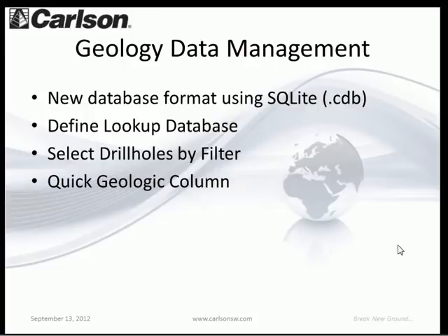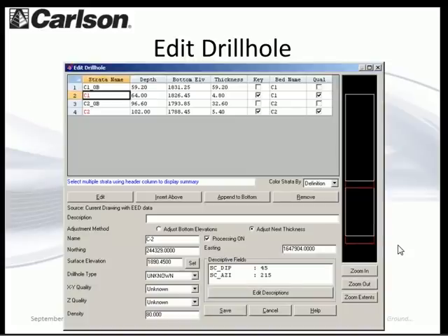There's also select drill holes by filter query. So you can bring in only selected drill holes into the drawing from the database based on your filter. And there's a new quick geologic column command. Just select some drill holes and it shows them in section view. With edit drill hole is an update to the user interface where it now shows the data in the spreadsheet instead of the list.